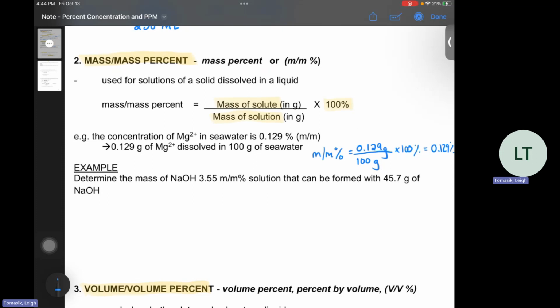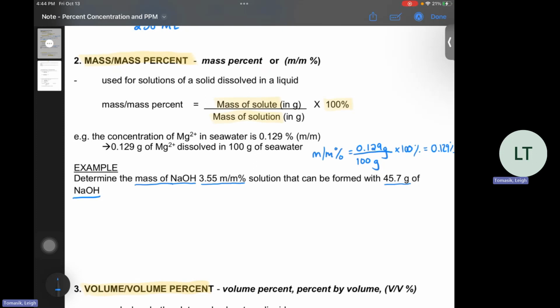Okay, so let's try a different one. It says determine the mass of NaOH. So we want to know the mass this time, if the mass per mass percent is 3.55 and it is formed with 45.7 grams of NaOH. Okay, a little bit different.